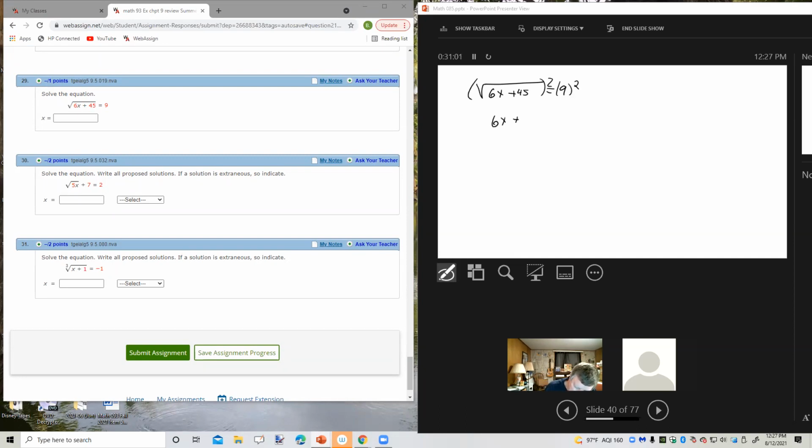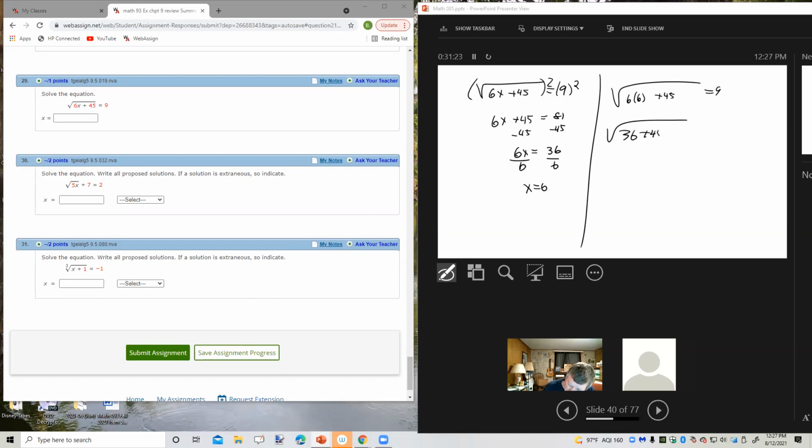So we get rid of the square root on the left and we get 81 on the right. Subtract 45 from both sides. 6x equals what? 36. Divide by 6, x equals 6. Let's check our work. This would be what? 36 plus 45, which is 81, and 9 equals 9. So it checks.